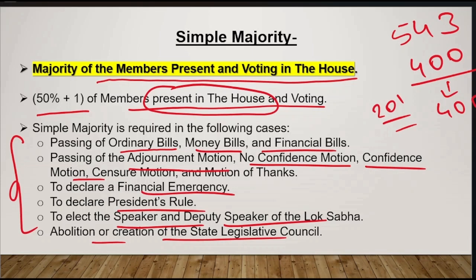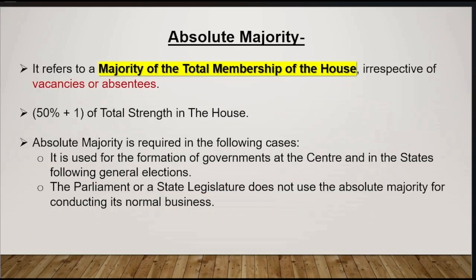Now next comes absolute majority. So what is absolute majority? Absolute majority refers to the majority of the total membership of the house. Now in simple majority what was it? In simple majority it was members present and voting. But in case of absolute majority it is the majority of the total membership of the house.